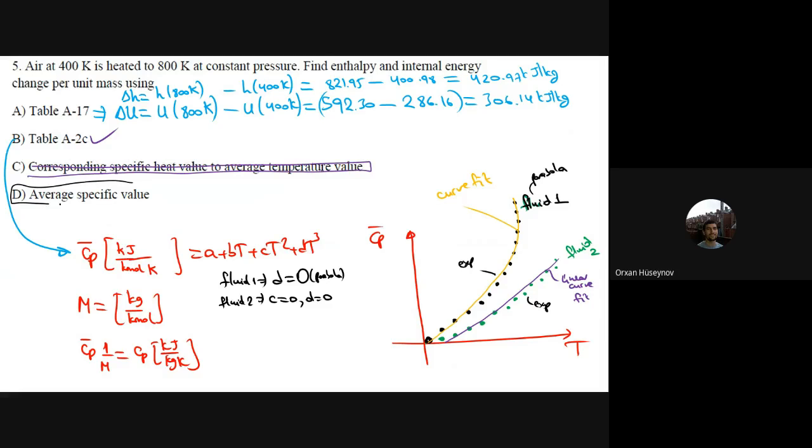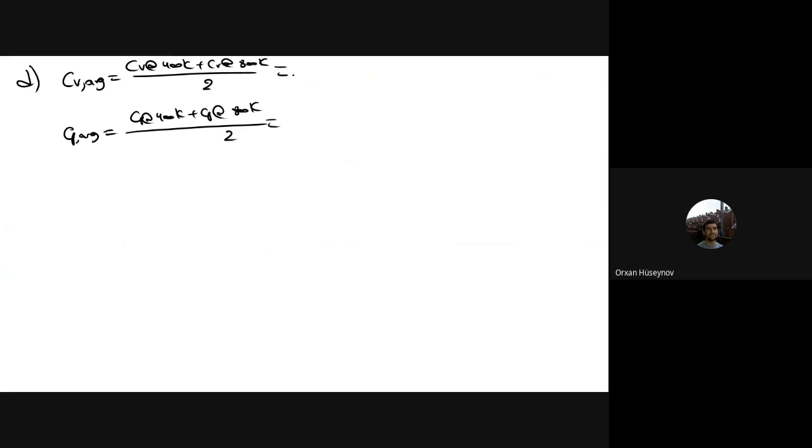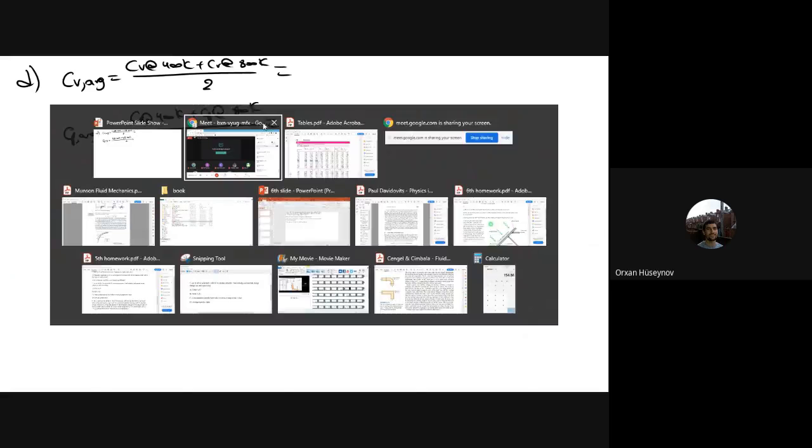The D part says to use the average specific heat values. There are lots of methods, and the D part says to use Cv average. Cv average will be equal to Cv at 400 Kelvin plus Cv at 800 Kelvin divided by 2. And Cp average will be Cp at 400 Kelvin plus Cp at 800 Kelvin divided by 2. Okay, now let's solve it.